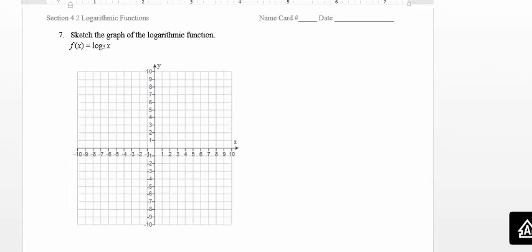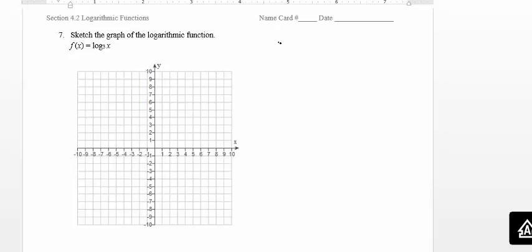In the next problem, I want to graph the logarithmic function f of x equals the base 3 log of x. Okay, so I have to carefully select the x values that I'm going to use here.